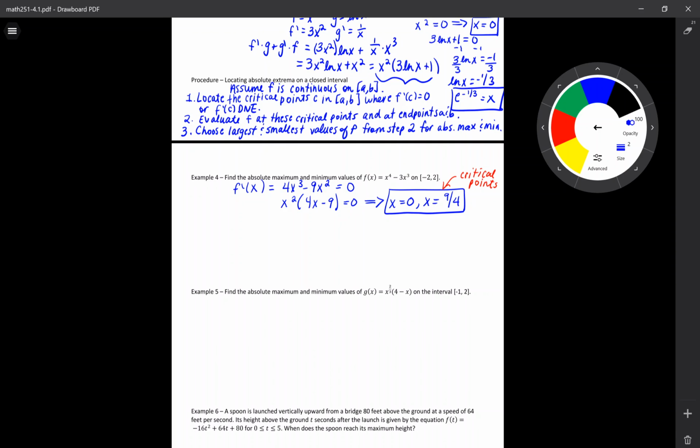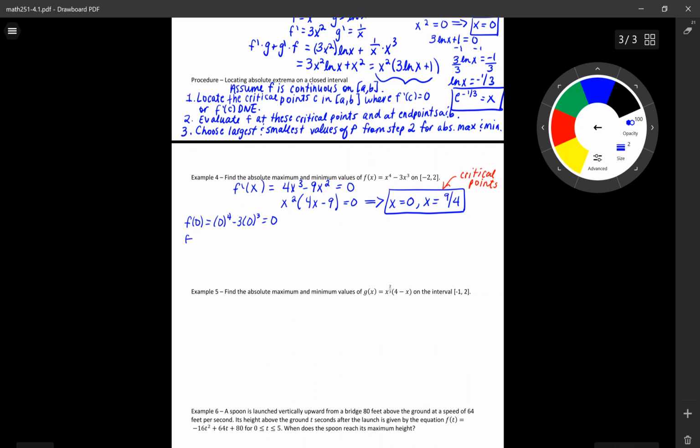That was step 1 in this procedure. Step 2 is I need to evaluate f at these critical points and at our endpoints a and b. So let's do these two critical points first. So I see that f, our original function, evaluated at 0, is 0 to the power of 4 minus 3 times 0 to the power of 3, which is equal to 0.